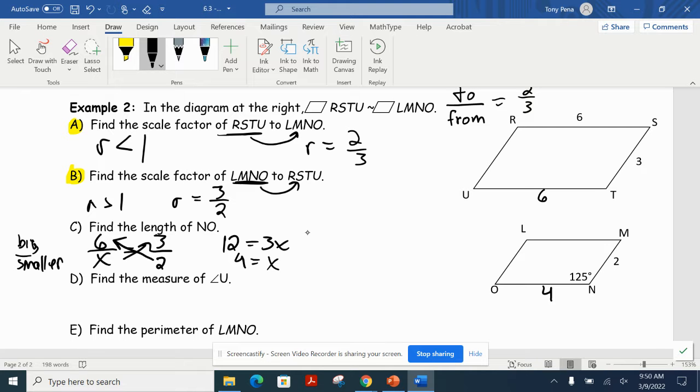So if I know that this is 125, that tells me that this here is also 125. So angle T up here has to be 125 also. Corresponding angles are congruent. Within a parallelogram, one of the things we talked about, opposite angles are congruent. So that's 125. This is 125.